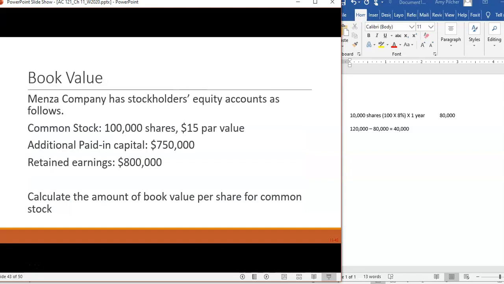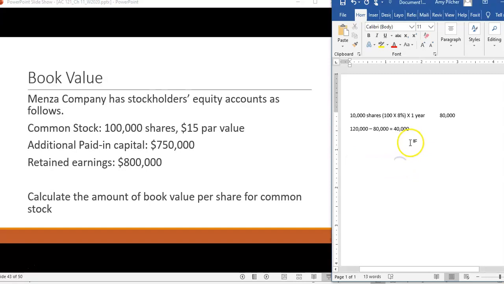So we have an example where we have this stockholders' equity. We have common stock at a $15 par value, and we have additional paid-in capital of $750,000. We have retained earnings of $800,000, and we want to calculate the amount of book value per share for common stock. The first thing that we have to do is take our 100,000 shares times that $15 par value. That gives us $1.5 million.